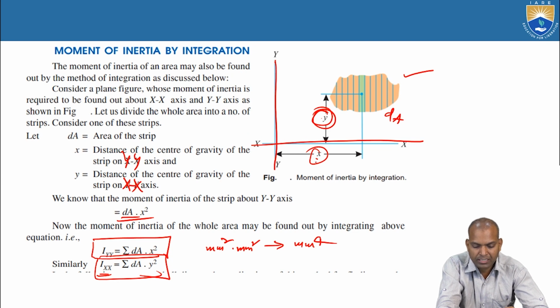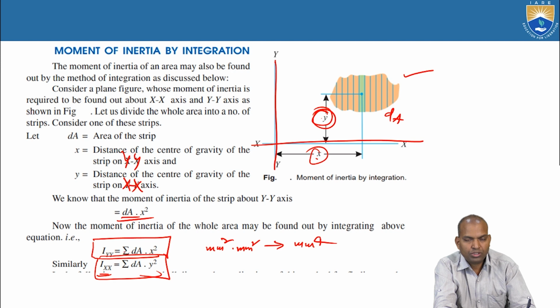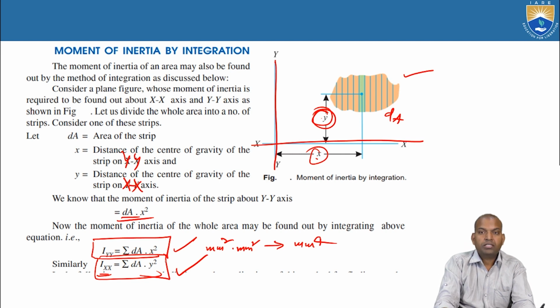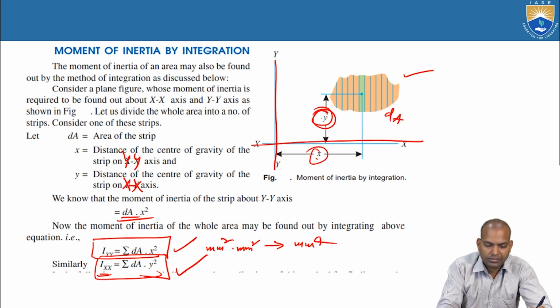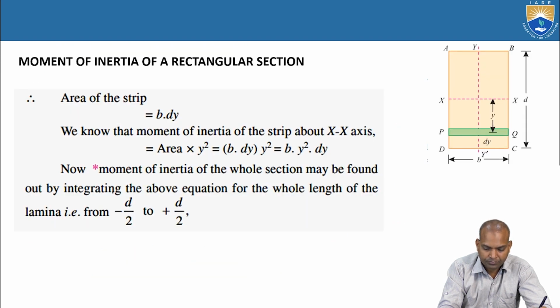That's why about the x-axis and about the y-axis. So Iyy equal to sigma dA x square, Ixx equal to sigma dA y square. Thus we have to calculate the moment of inertia by using the mathematical concept of integration.